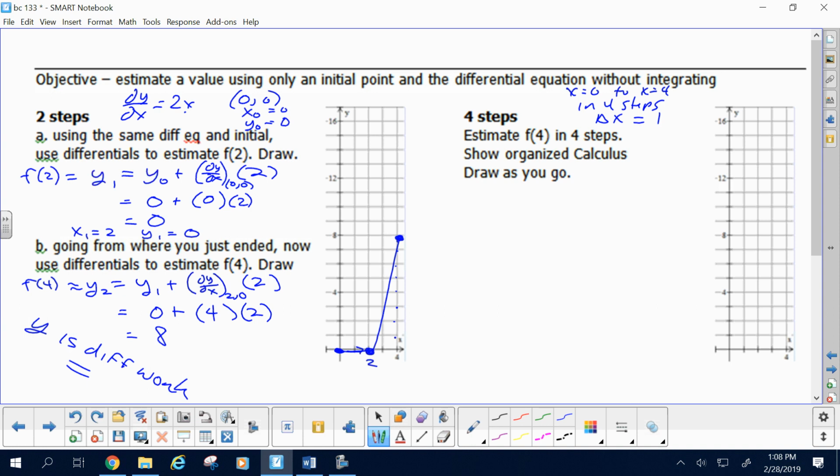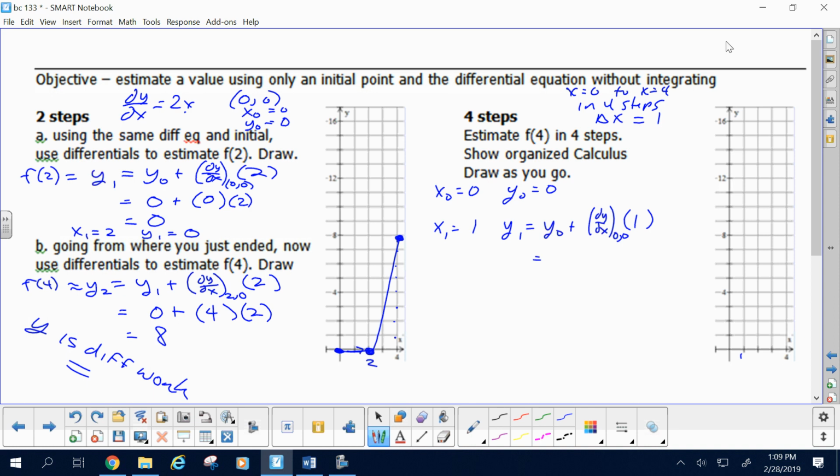Now, if x initial is 0, y initial is 0, then let's go to our next x. The first x we come to in our movement is 1. And the y we would get is equal to the original y plus the rate of change at the previous point 0, 0 times the amount of change of x, in this case now 1 unit, right?